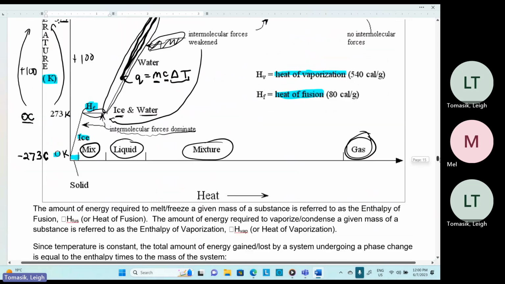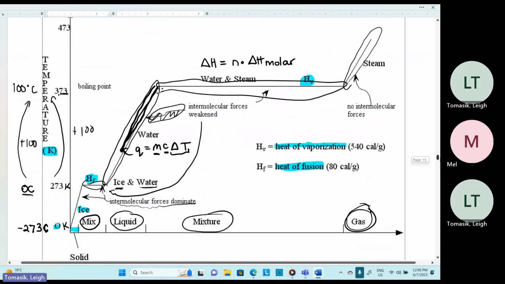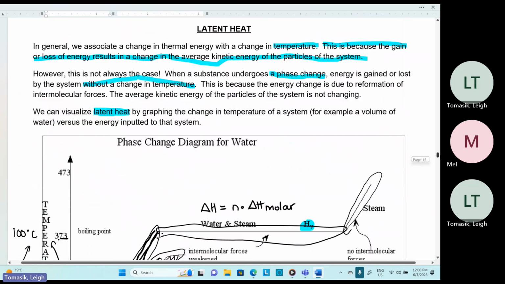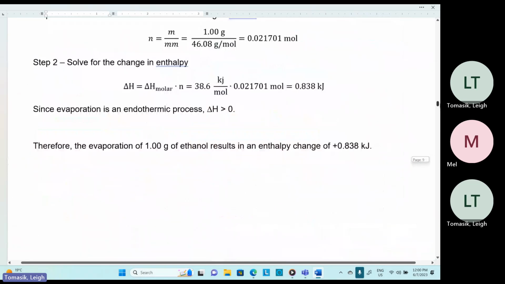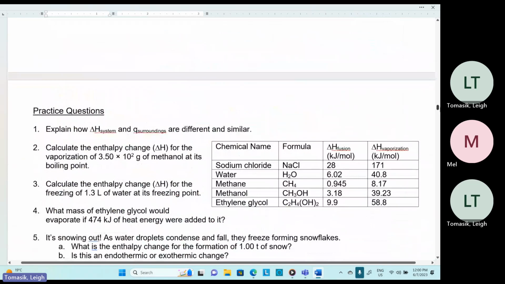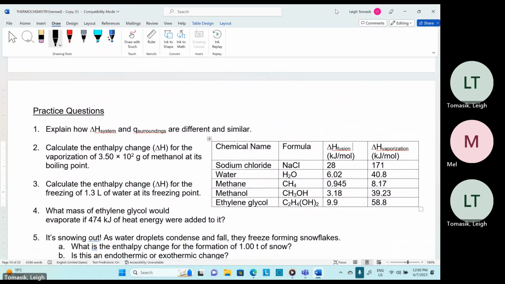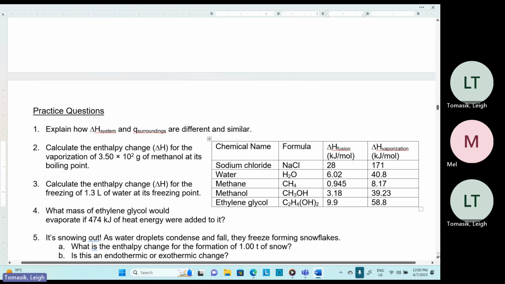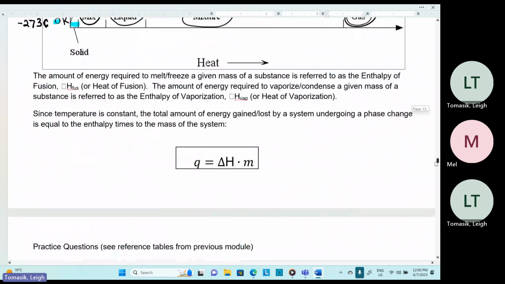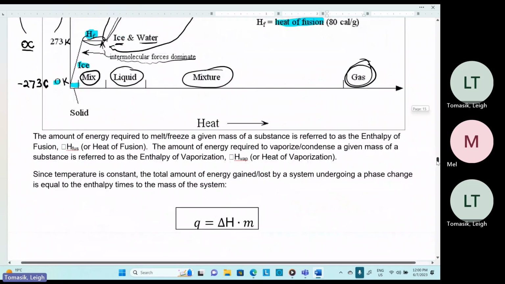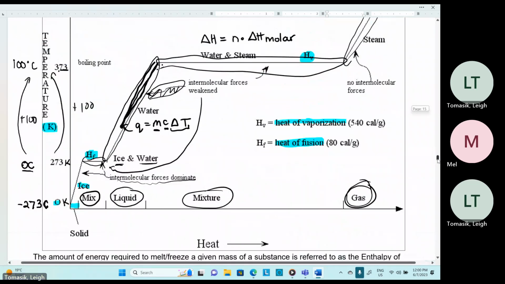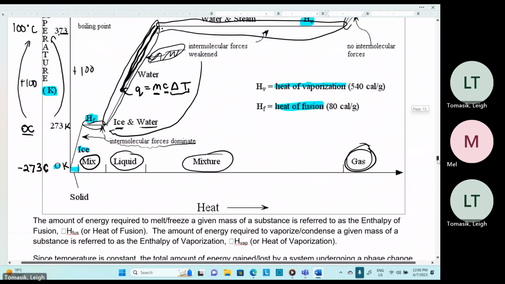So you are definitely going to use this graph, and the charts on page 4 and page 9, to supply you with your delta H's and your c's.